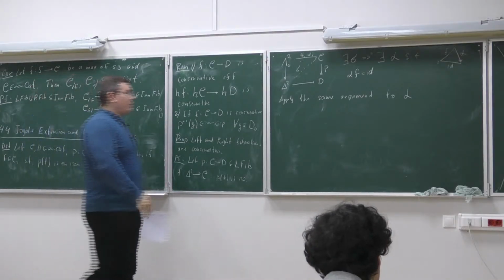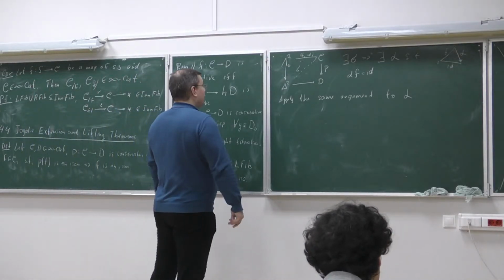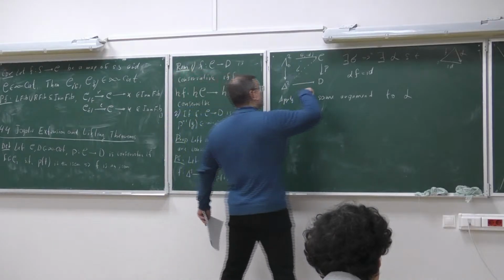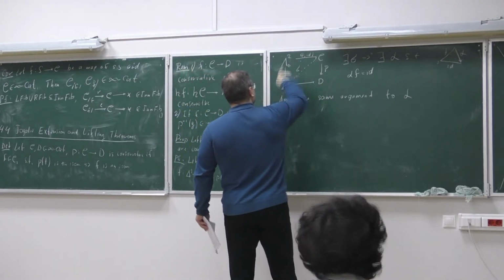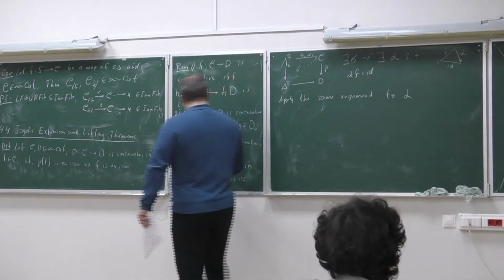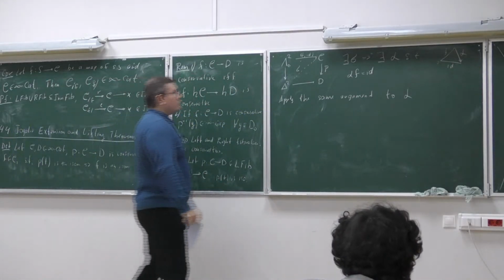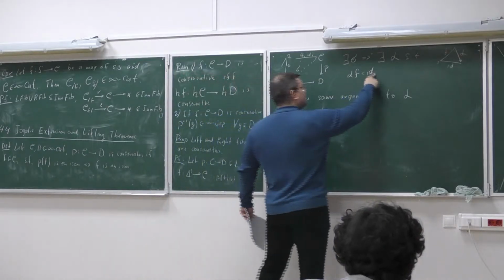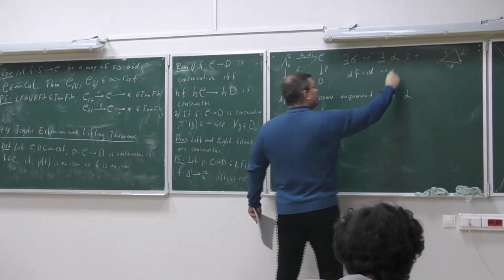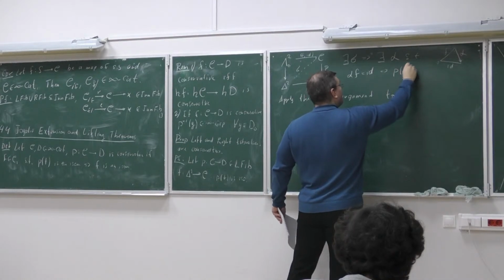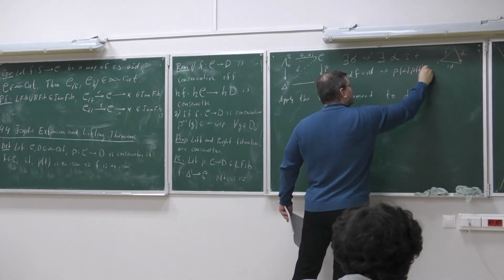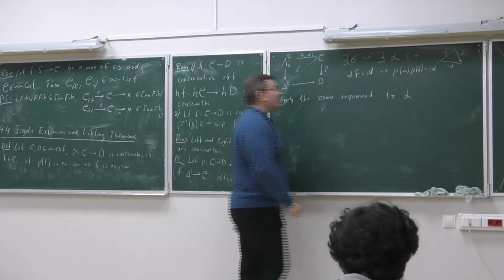So why can I do this? Well, to construct this lifting, to notice that the square is commutative, I was using that P of f is an isomorphism, right? So since I have this, I can apply P. I'll notice that P of alpha, P of f is again the identity.